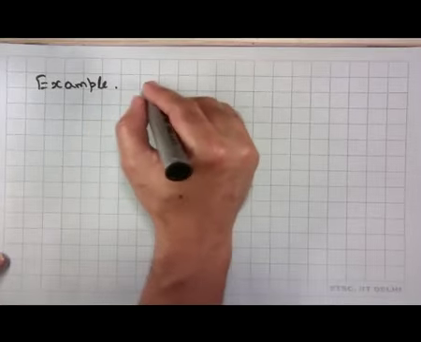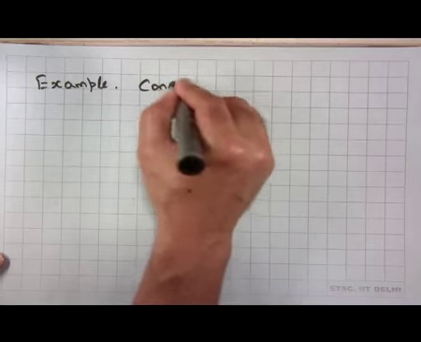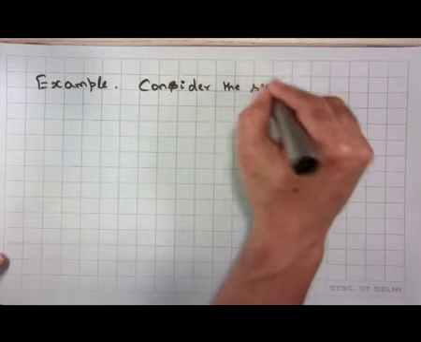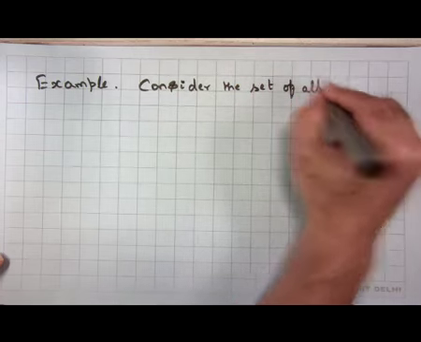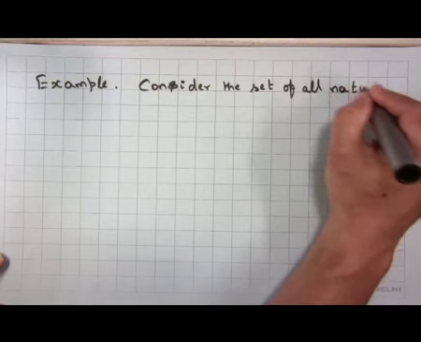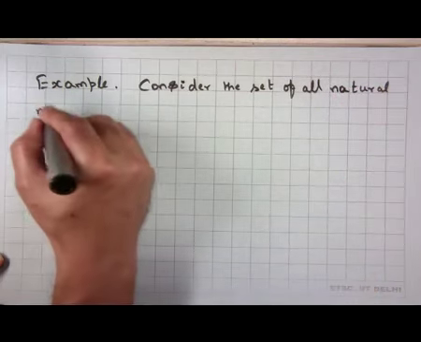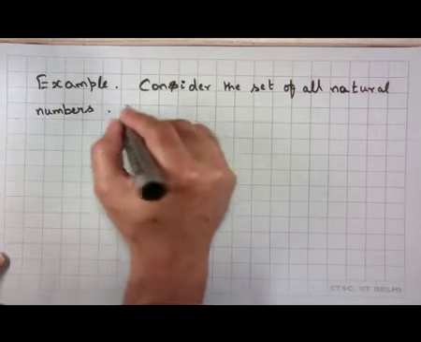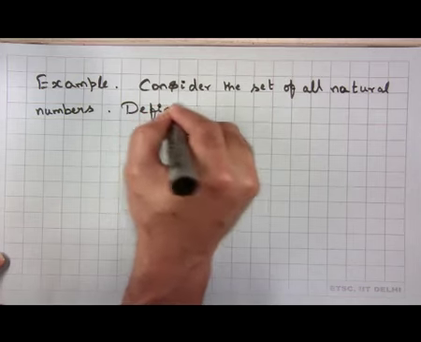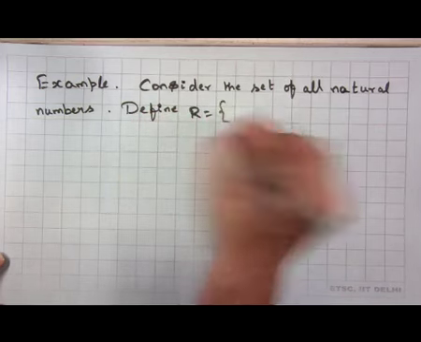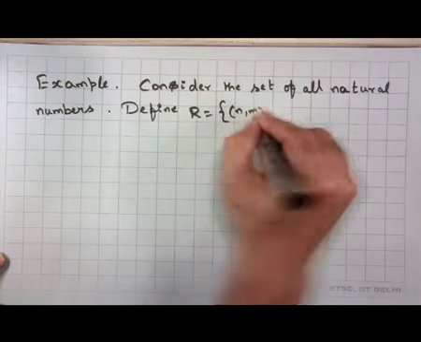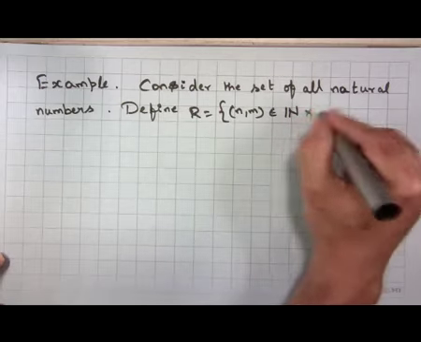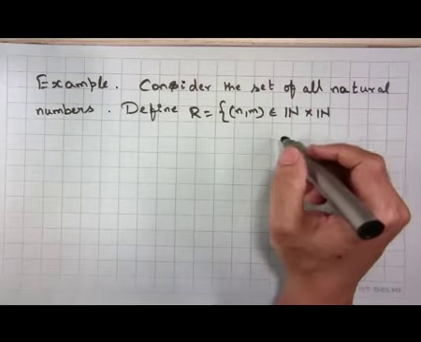Let us consider the set of all natural numbers. And then define R as all those n comma m in N cross N. Well, this N denotes the set of natural numbers.